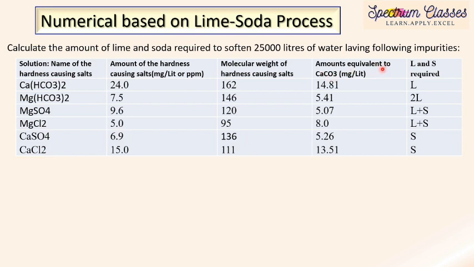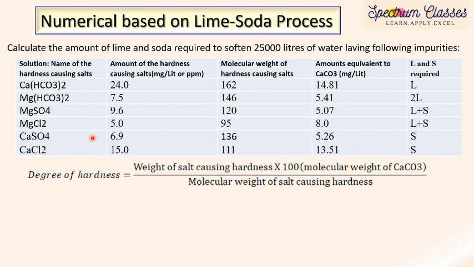How are we going to calculate the hardness caused by these salts on the calcium carbonate scale? This can be done by this: degree of hardness is the weight of the salt causing hardness, suppose that is 24, multiplied by 100, which is the molecular weight of calcium carbonate, divided by the molecular weight of the hardness causing salt, so that is 162.